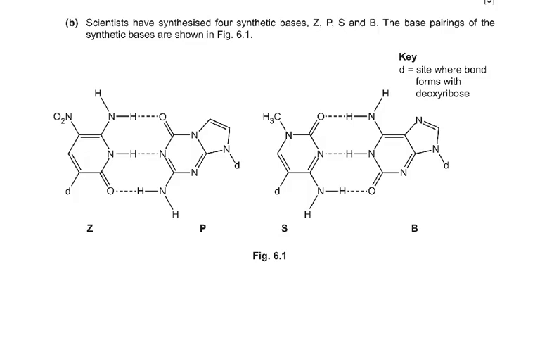Part B of the question says scientists have synthesized 4 synthetic bases Z, P, S, and B. The base pairing of the synthetic bases are shown in figure 6.1. D is equal to site where bond forms with deoxyribose.